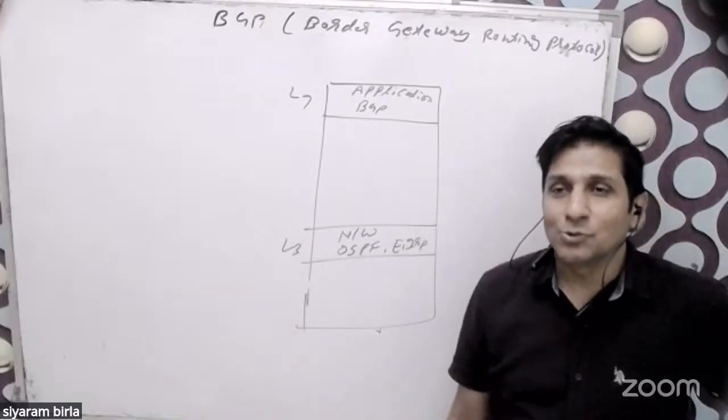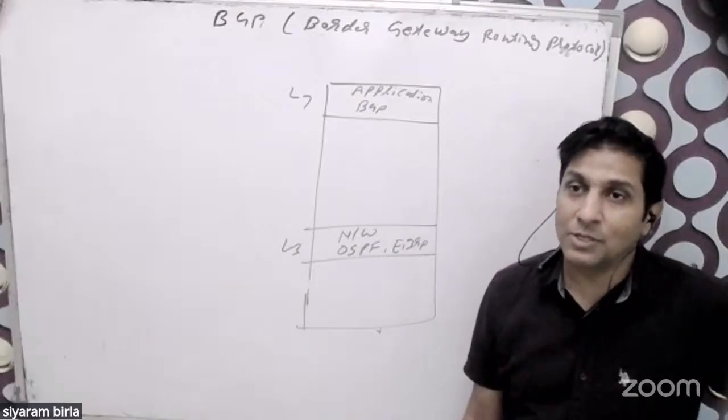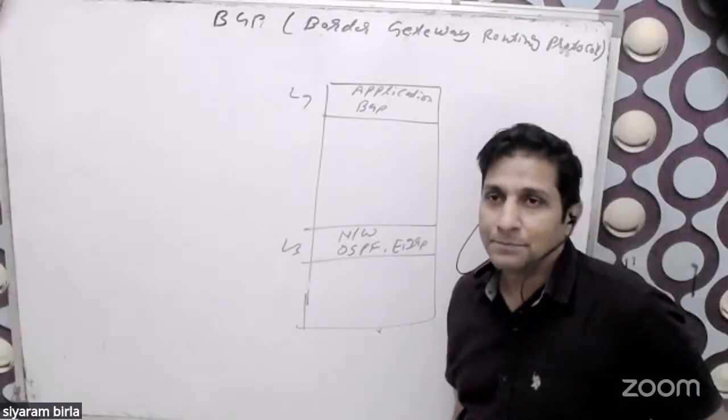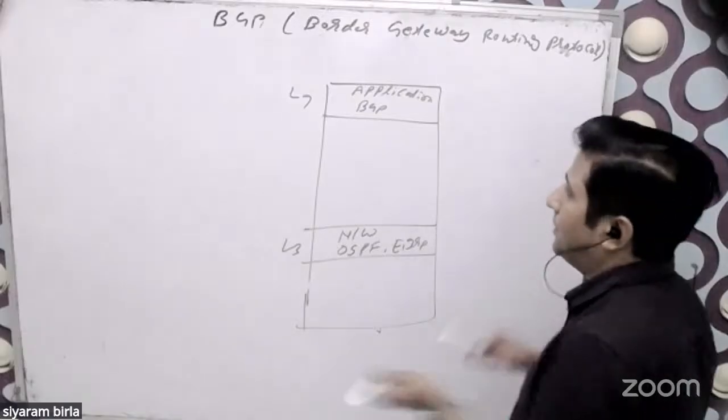So BGP is very slow. I'll explain in depth, but right now you can just understand BGP is a slow protocol compared to OSPF and EIGRP.